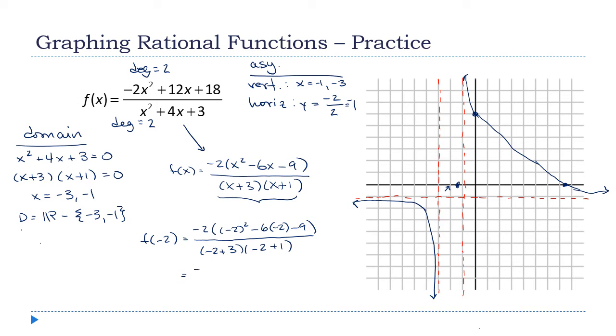All right, so the numerator, that's -2, that's 4 plus 12, that's 16, minus 9 is 7. And then the bottom, -2 plus 3 is 1. -2 plus 1 is -1. All right, so this is just -1. And this whole thing is 14.